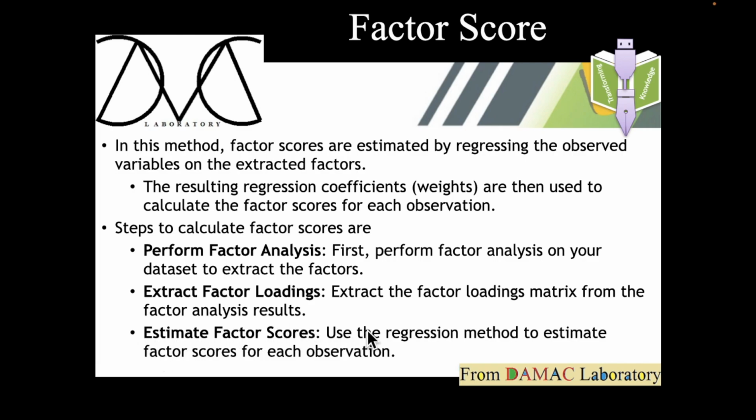Estimate factor scores: use the regression method to estimate factor scores for each observation. So the factor loading matrix, the component matrix, is combined with the regressed matrix, and then you generate the new data set with the latent variables.